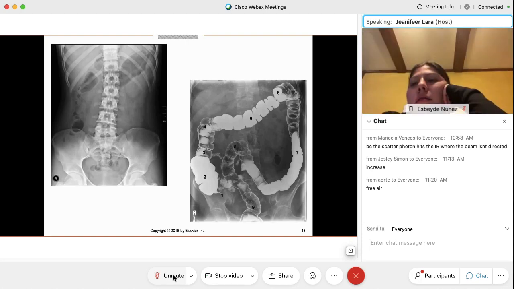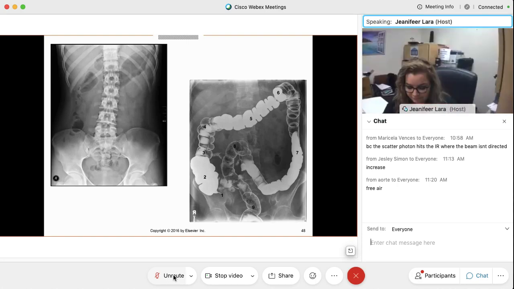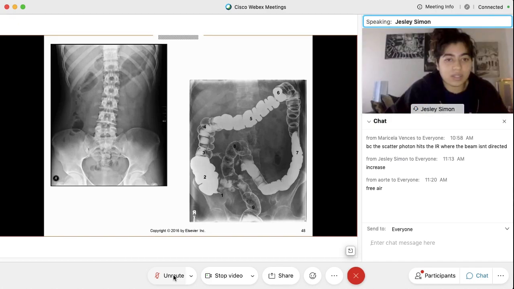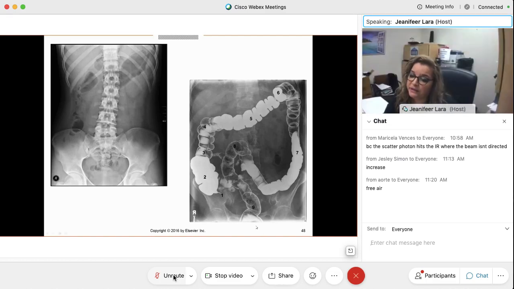What kind of contrast? Is it barium enema? It is a barium enema. The barium contrast is inserted into the patient rectally so that we can illuminate, paint the colon. So we can go from this type of image to this type of image.